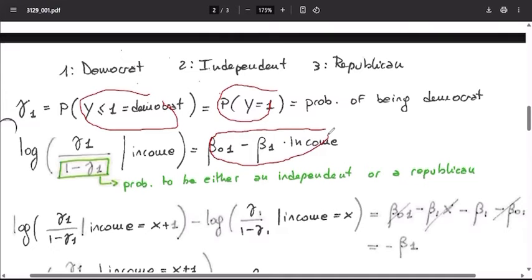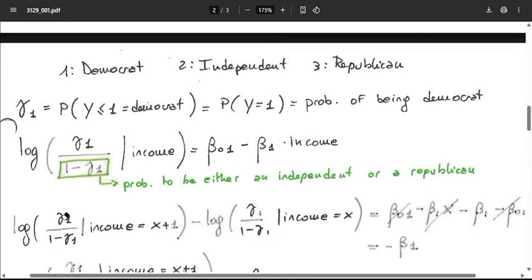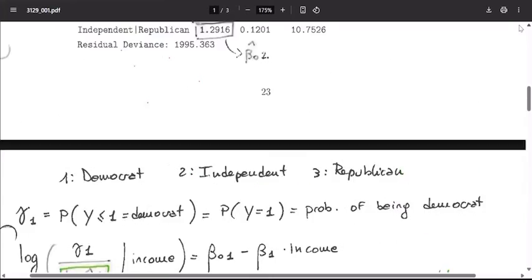And this is going to be the model: B01 minus B1 income. And where is the minus coming from? Please pay attention. You can see I've not even indicated B1 yet, but we have a minus already. The minus comes from the model naturally.